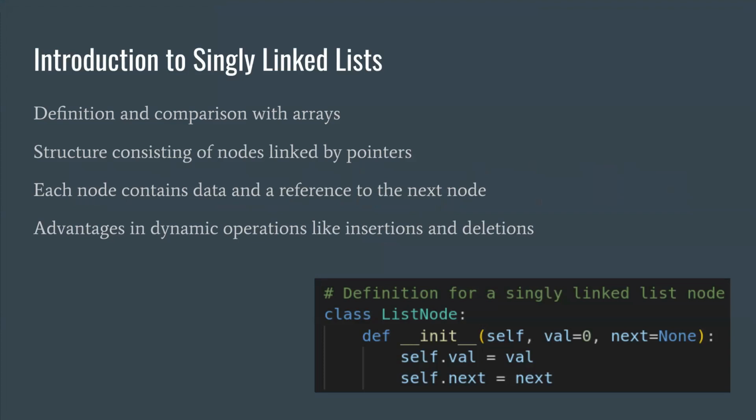It is a fundamental data structure that is important in the world of programming and in the field of computer science. So, we've looked at arrays, but unlike arrays that store elements in a contiguous block of memory, singly linked lists consist of nodes linked together by pointers, and each node is a standalone object containing data and a reference to the next node in the sequence.